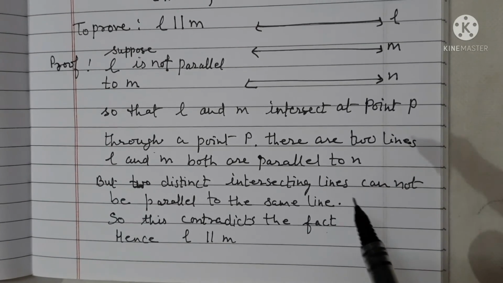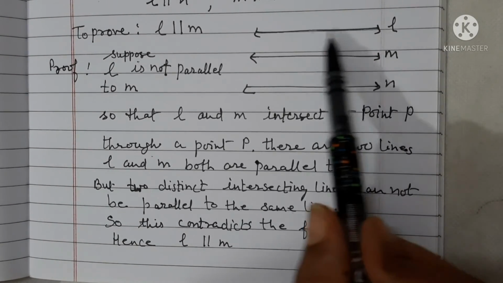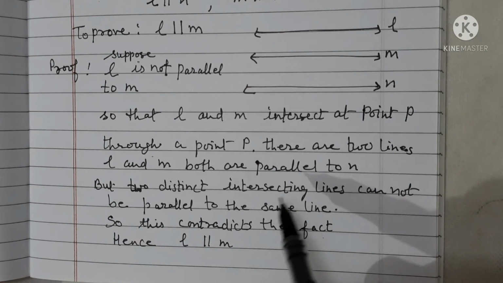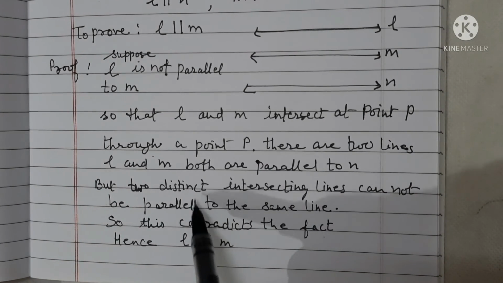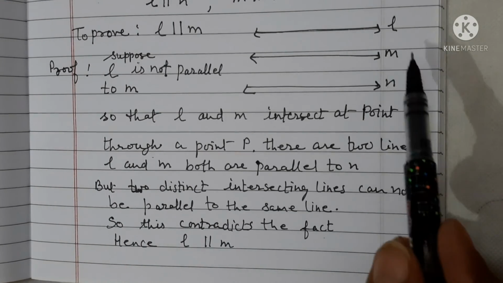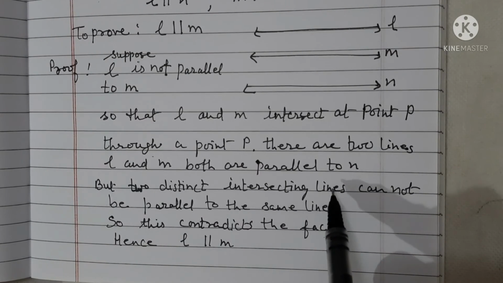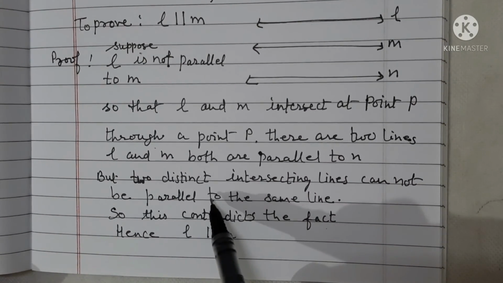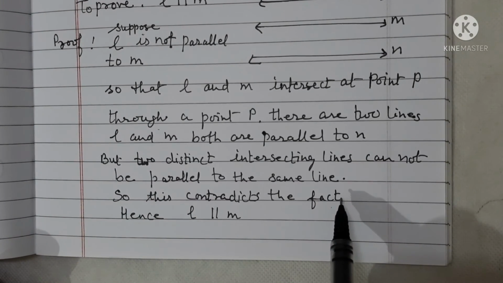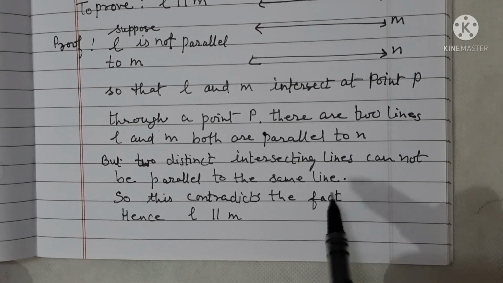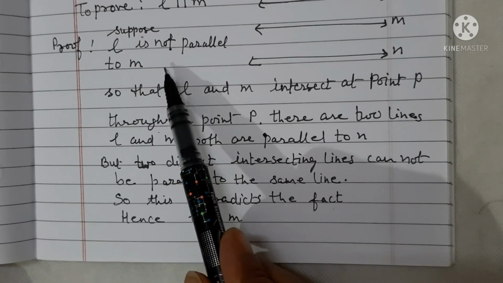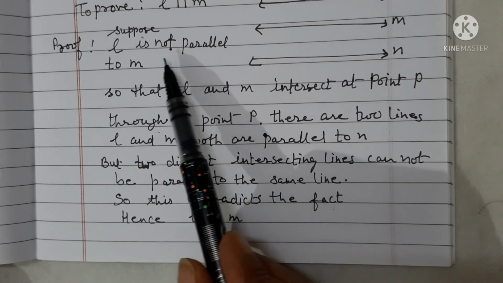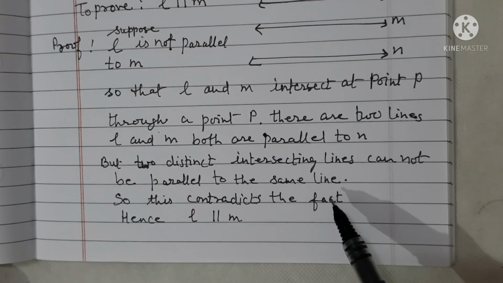This contradiction arises because we supposed L is not parallel to M. So L is parallel to M. If we do not suppose this, no contradiction will arise.